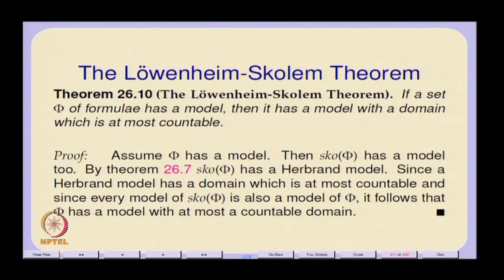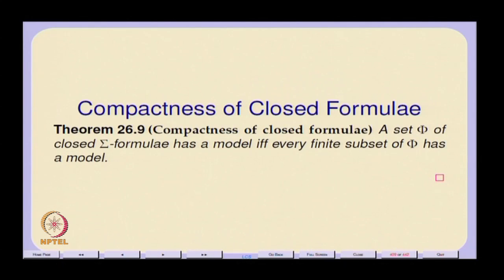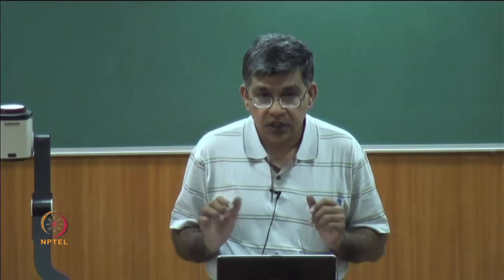So, this set phi, of course, again satisfies the same constraints, though I have not mentioned it here, as the compactness theorem. Which means phi is going to be closed sigma formulae, there are no free variables, right.